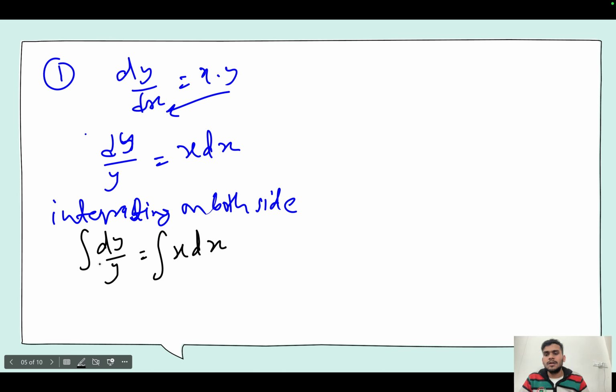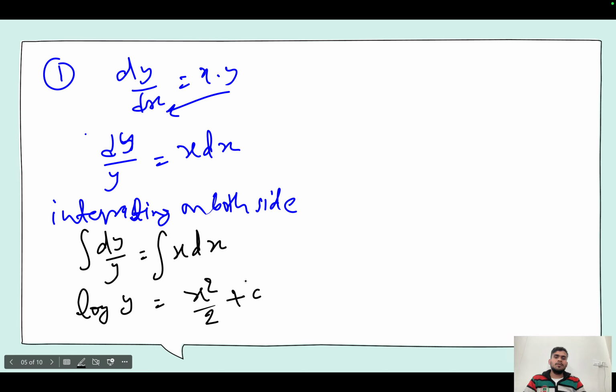The integration of 1 upon y with respect to y is ln y, meaning log y, and this is x square by 2 plus c.